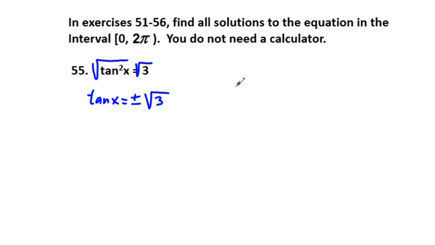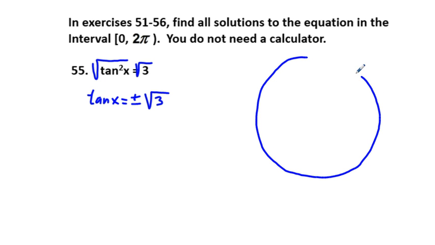Well, let's find where the square root of 3 is. If we go to the unit circle, and if we take square root of 3, sine has to be bigger than cosine. So if we go up to 60 degrees here, which is going to be pi over 3, at pi over 3 our cosine value is going to be 1/2.